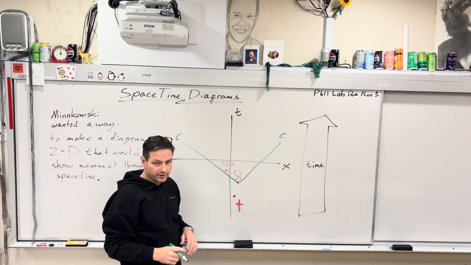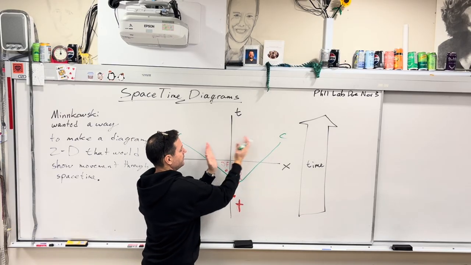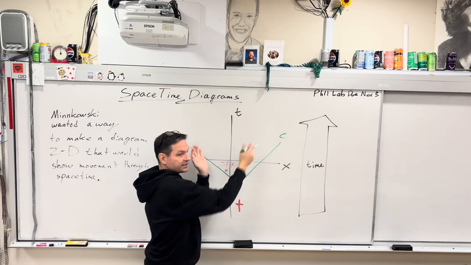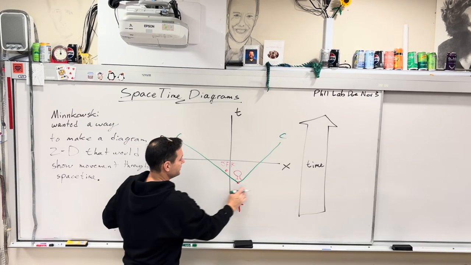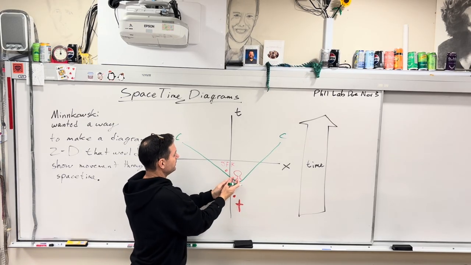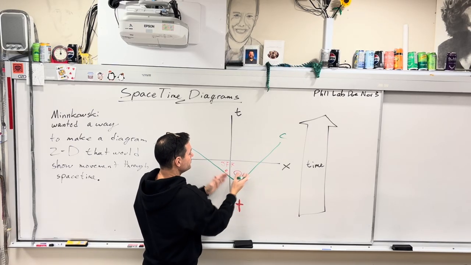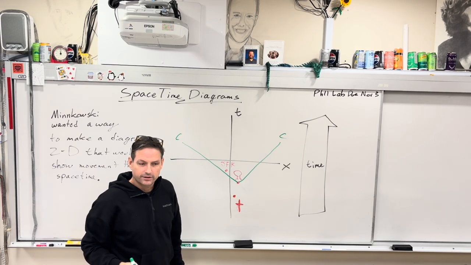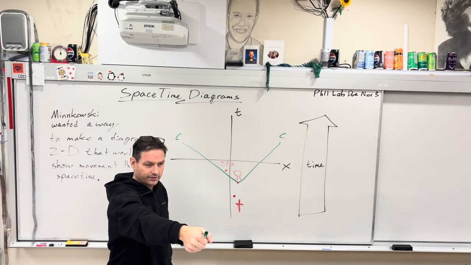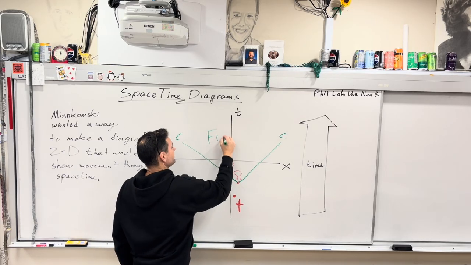So what is this triangle between the light rays? We're making this west and this east. If the light goes out towards the west and towards the east, what is between those light rays? It's the future that can see it. This is the future.